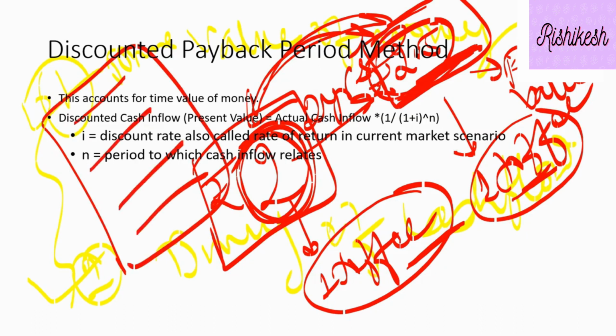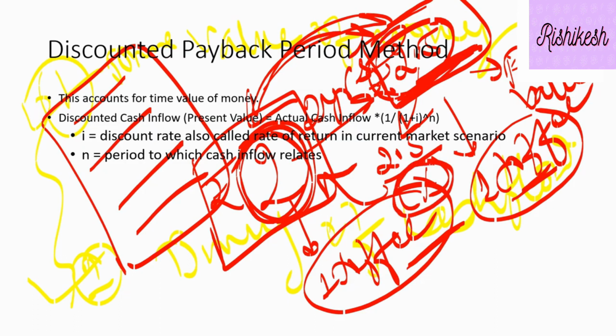So I want all the values converted into their present format. I have to divide this 2.5 by some amount X so that it comes out to be 2. And this X is called a discounting factor, right?